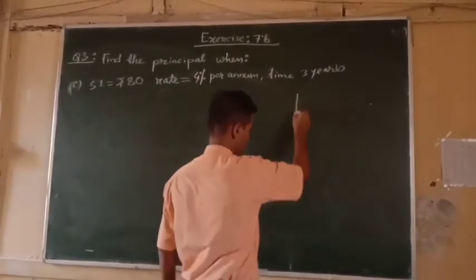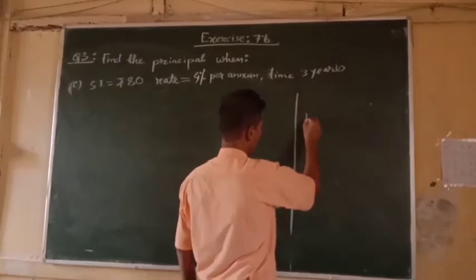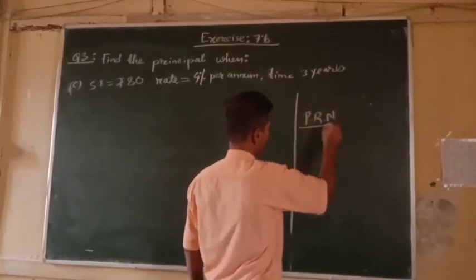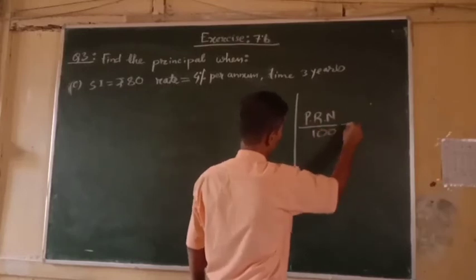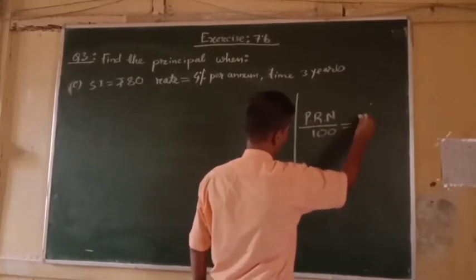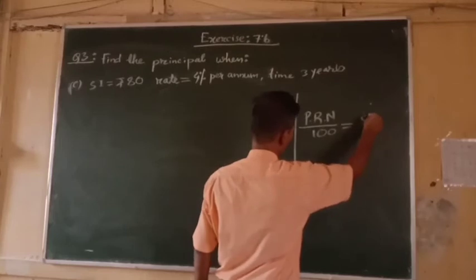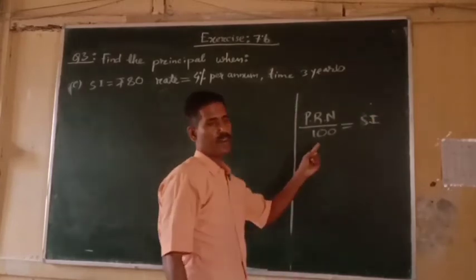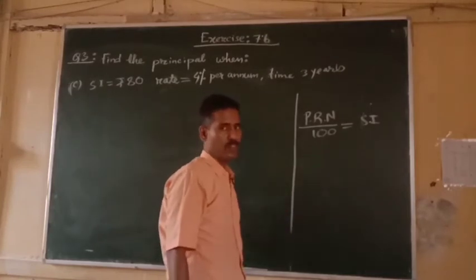We have already learned PRN divided by 100 equals simple interest. This formula we have already learned.